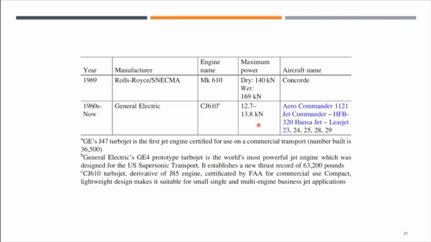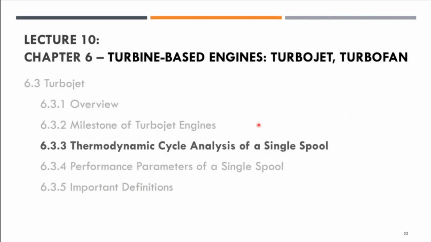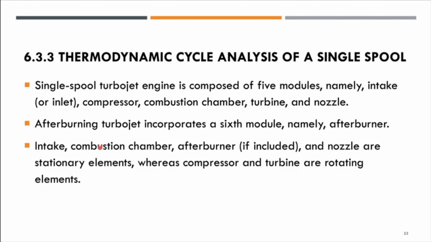We will focus more of our time on the remaining section 6.3.3, which is the thermodynamic cycle analysis of the single spool. The single spool turbojet is composed of 5 modules: intake, compressor, combustion chamber, turbine, and nozzle.